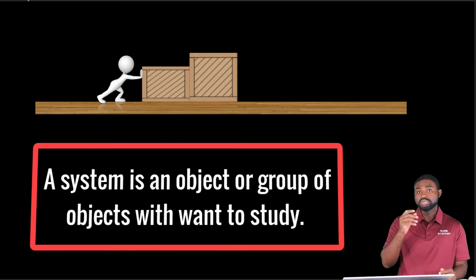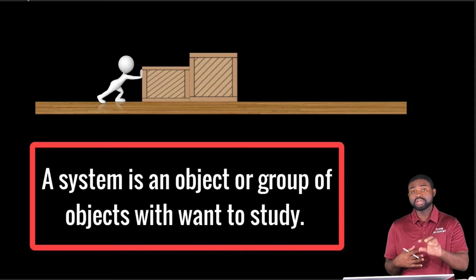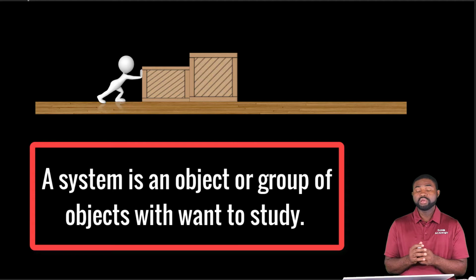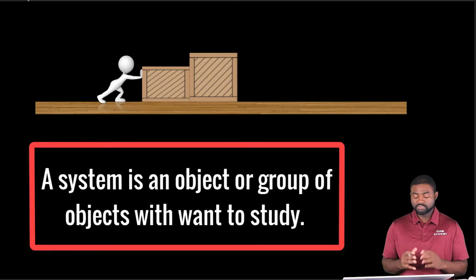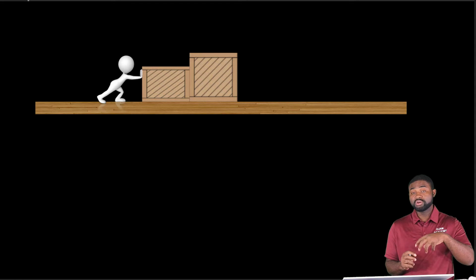In other words, a system is anything or any group of objects that we focus our attention on at that particular time. Let me give an example. If our attention is focused on the motion of a particular box or a particular car, then that car constitutes our system.